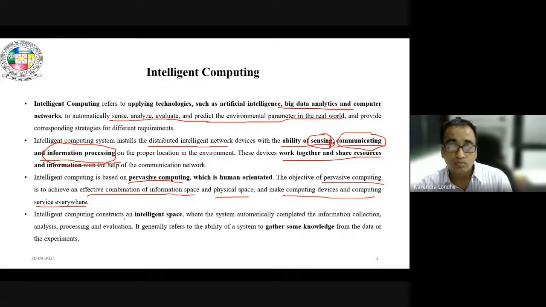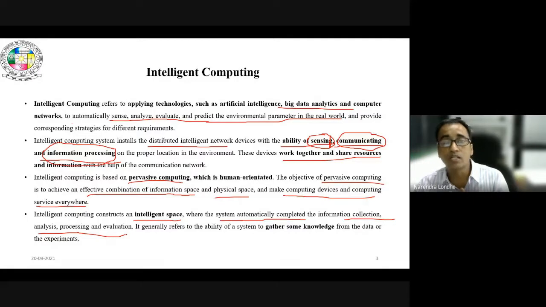So when I talk about intelligent space in intelligent computing, what does that mean? It is the space where the system automatically completes information collection, analysis, processing, and evaluation. You have to understand here that the data is going to be sensed, analyzed, processed, and then evaluated.